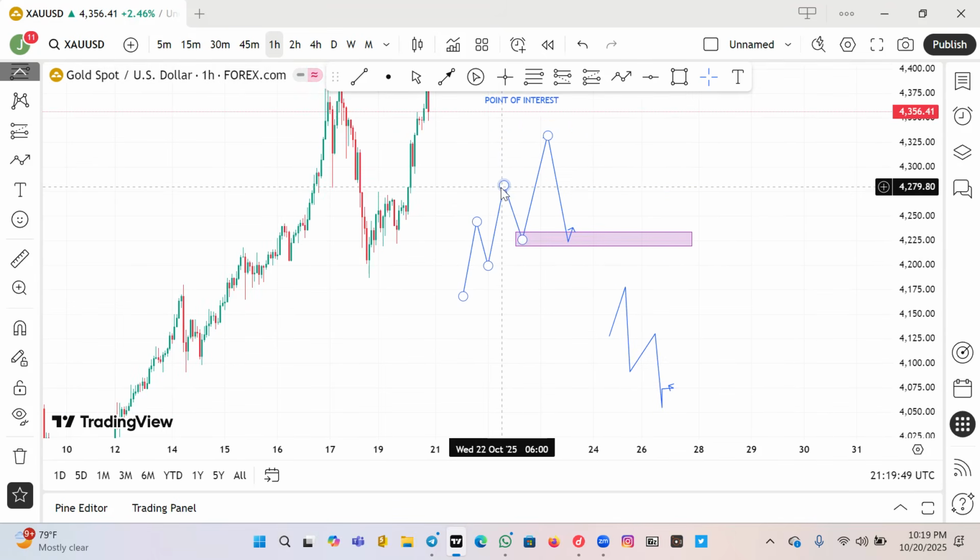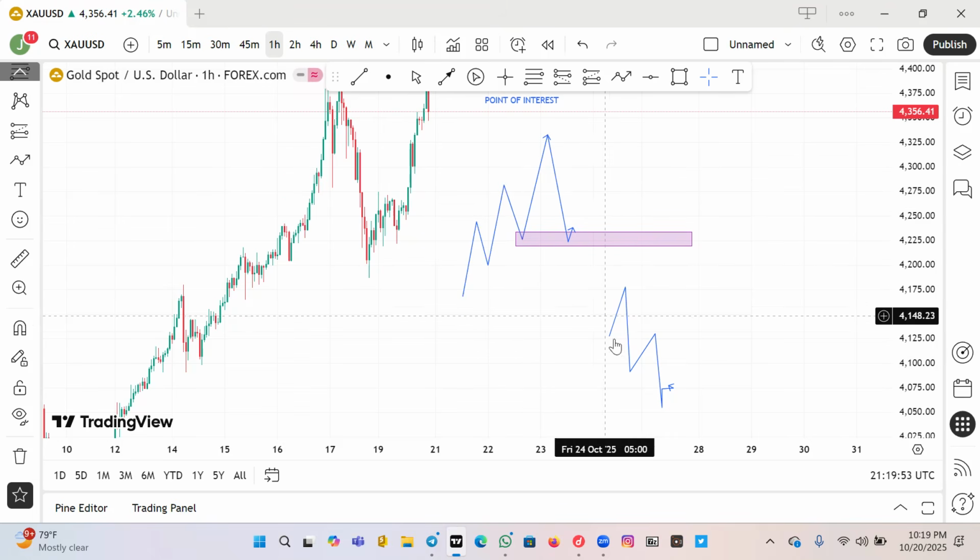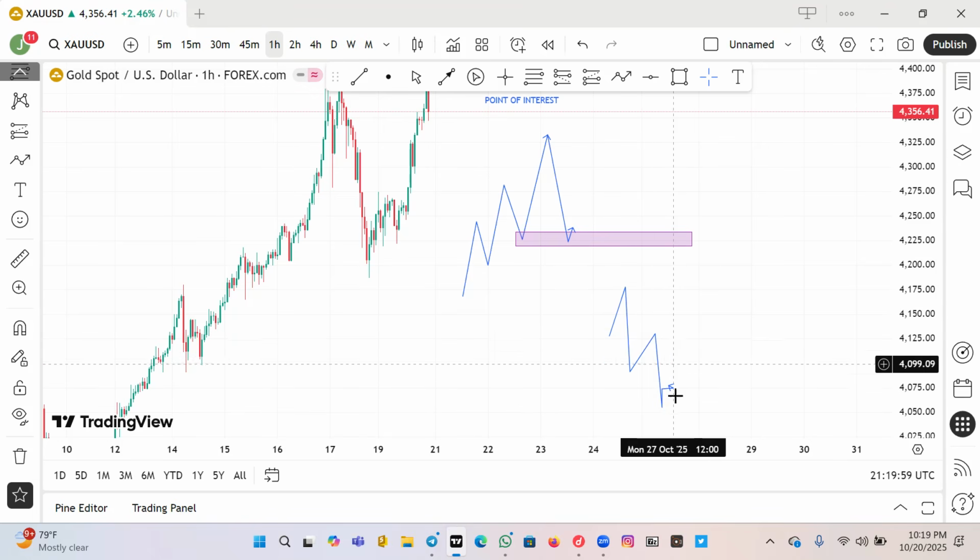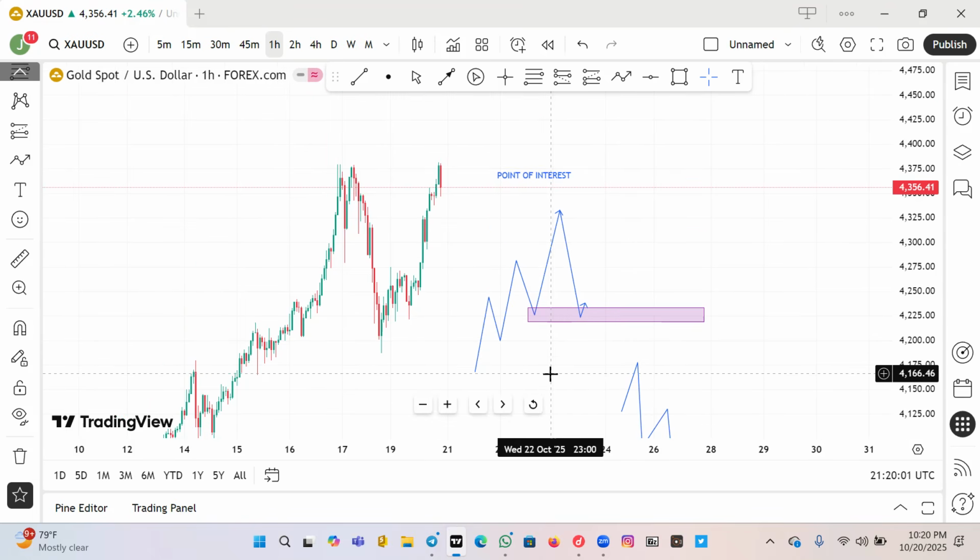Are you seeing that this guy is looking like letter V? While for the downtrend, it is looking like letter A. So your point of liquidity will always be this point here.